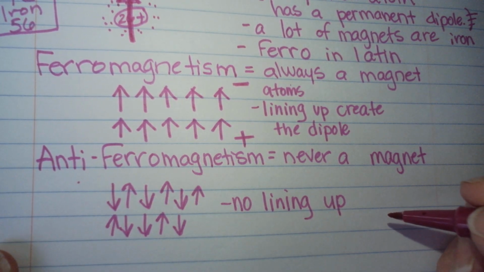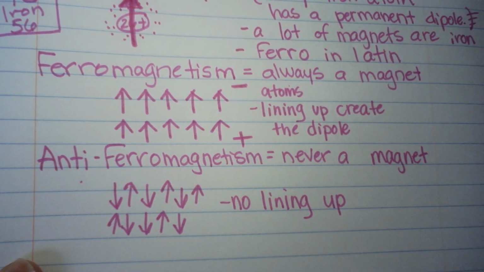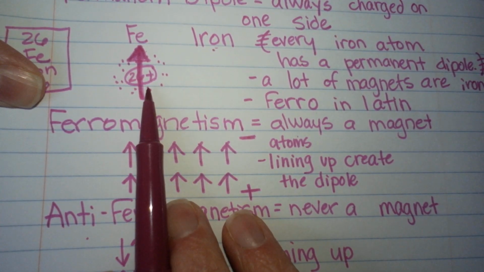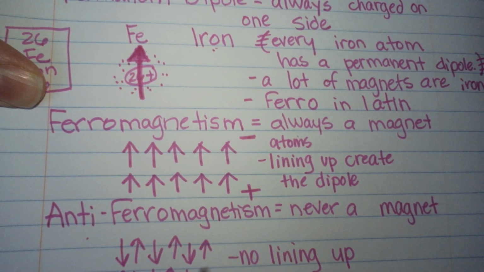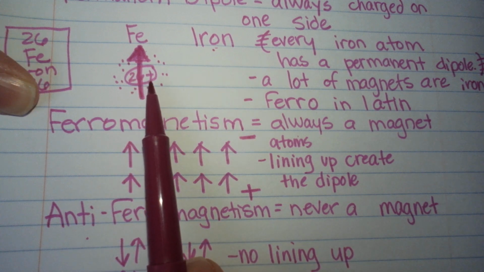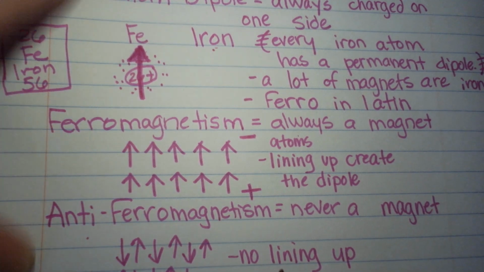Okay. Now, let's pause. If this is an atom, and these are electrons, and all of this has to do with where the electrons are, can electrons move around? Yeah, electrons can move around.